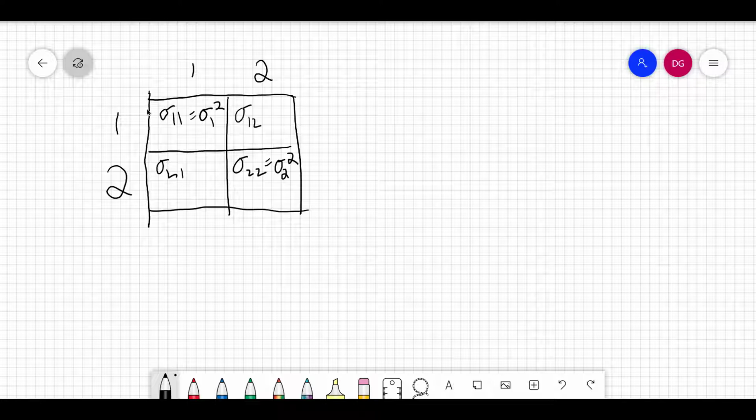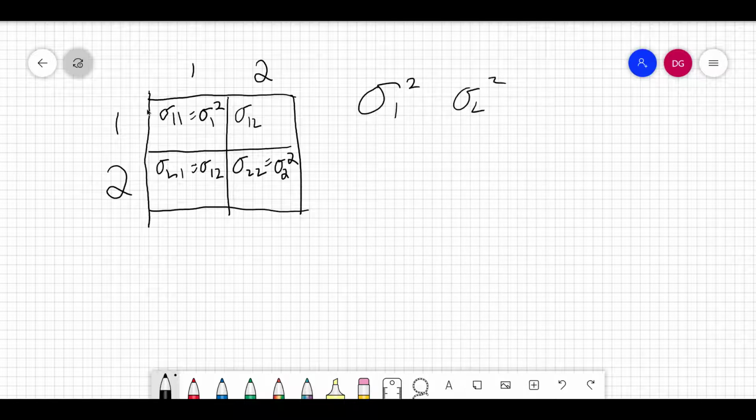Here I have sigma 1, 2, and this is going to be sigma 2, 1, but remember that these are equal. And so for a 2 asset case, I have sigma 1 squared, sigma 2 squared. These are the number of variance terms and also standard deviation terms. And for my cross terms, I have sigma 1, 2, and I have 2 of those.